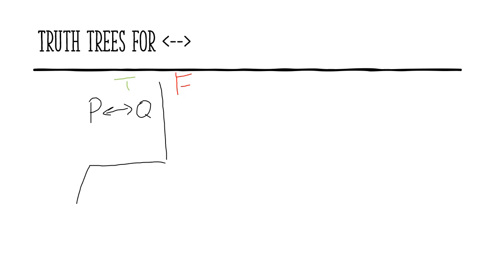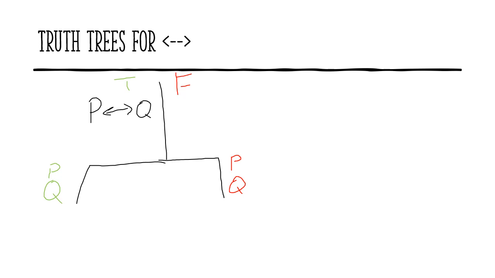So we will split our tree and we will say wherever P and Q are true, remember left side is true, so it's wherever both of them are true or both of them are false. So remember, the code word here is or. We hear or, we know that we're splitting, and then we're going to put whatever is on those sides of the or in their right spots. So P double arrow Q is true wherever both of them are true or both of them are false.